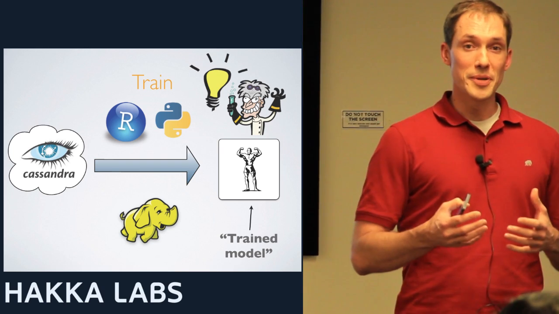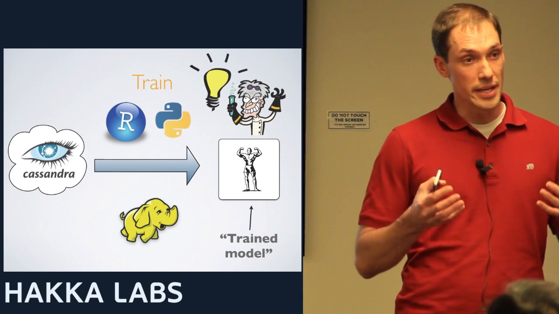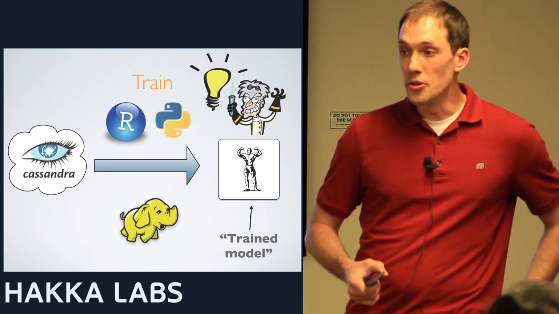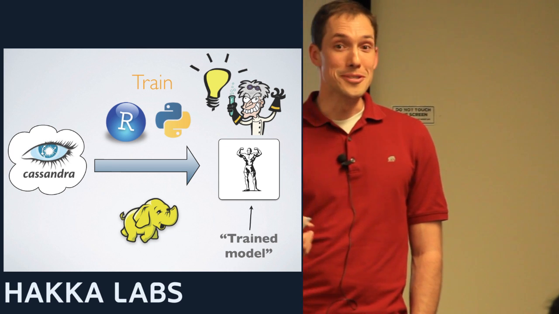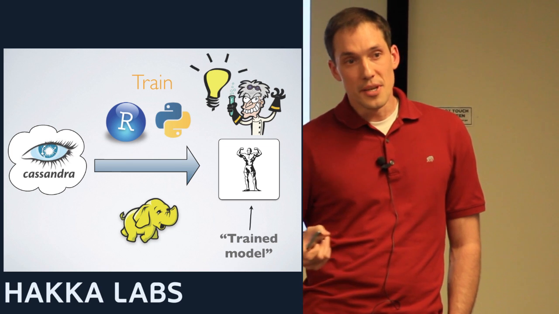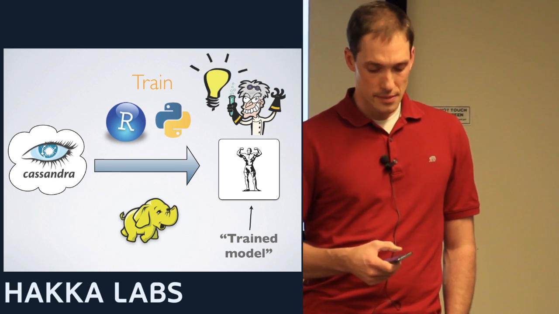A better choice then would be to do all of our model training using Hadoop. Hadoop is super powerful and very flexible, but unfortunately it's not the most accessible technology, especially again for a data scientist.